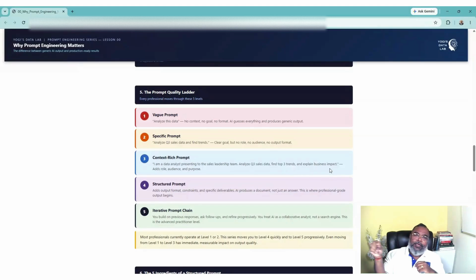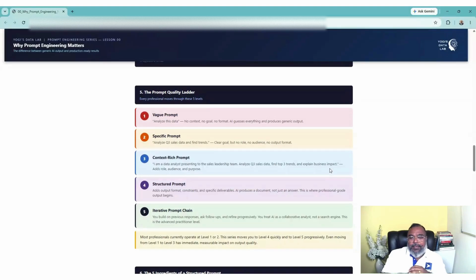Give me the output in a table where the columns should be so, so, and so. Draw me a bar chart for this, draw me a pie chart for this. So what you're doing is giving it an output format. What is the type of output you're looking for? What are the constraints you are putting in, and the deliverables that you look for. That way, the AI will produce a document. The answer that it will produce will be much, much more organized and much better for you to use.